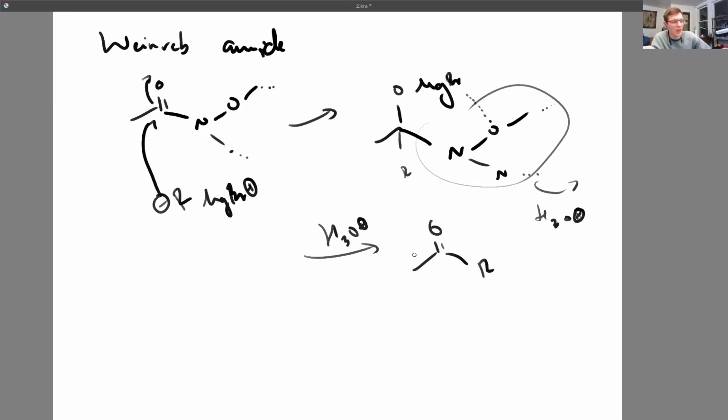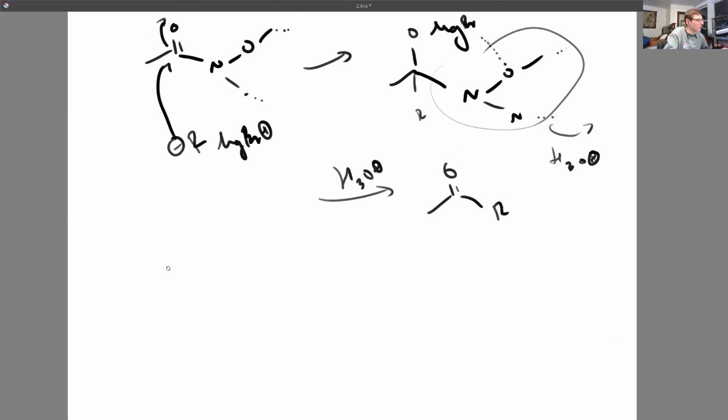That's not that exciting anyway. We could do that with cuprates, right? If you have an acid chloride or an acid bromide or whatever. We live in the future, and we've got better stuff than this. So there's no reason you can't just do this.